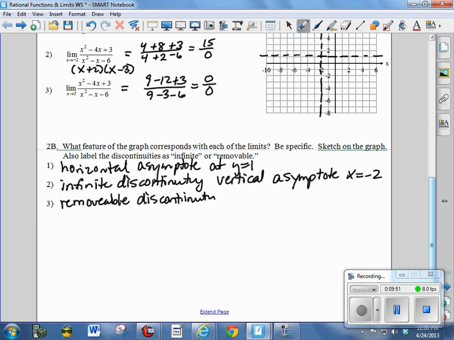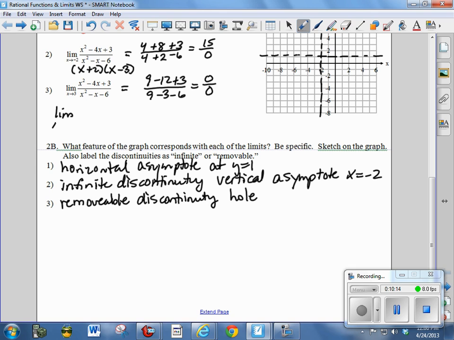Where's the hole? What I'm going to do is recognize that I have a factor of x minus 3 in both the numerator and the denominator, because 3 makes both the numerator and the denominator equal to 0. So it is a zero of both of these polynomials. Therefore, both of these polynomials factor to have a factor of x minus 3.